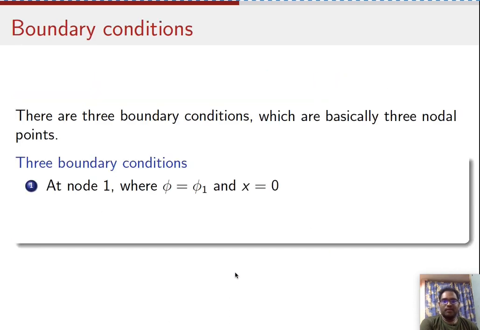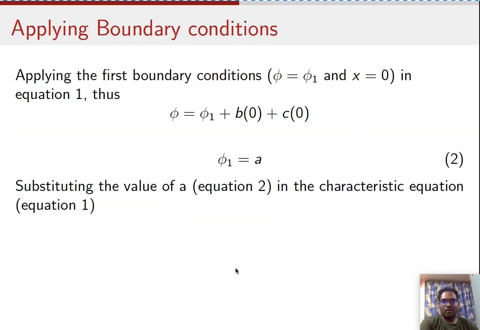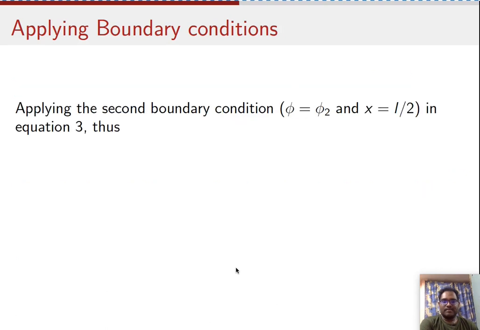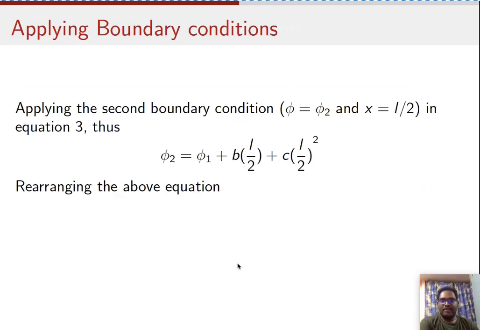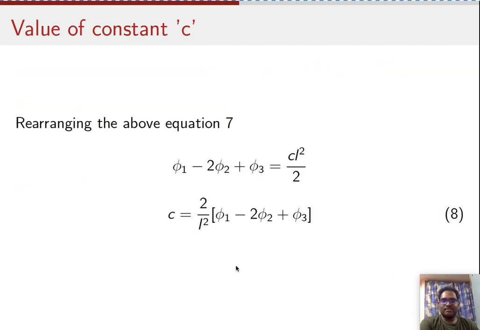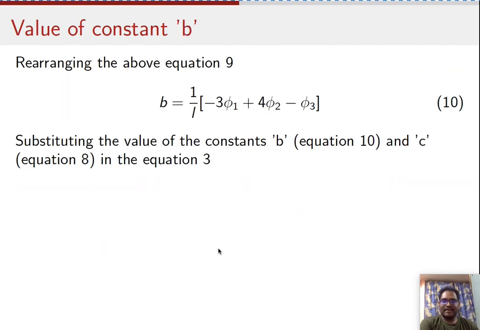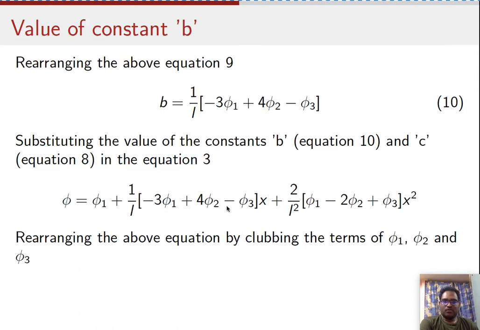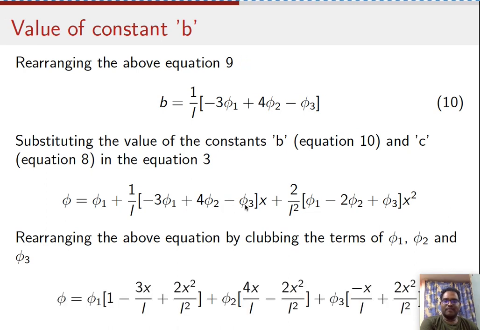Using the three boundary conditions, we found out the values of the constants a, b and c, and then the values of a, b, c were substituted back in the characteristic equation, and all the phi 1 terms, phi 2 terms, phi 3 terms were clubbed together.